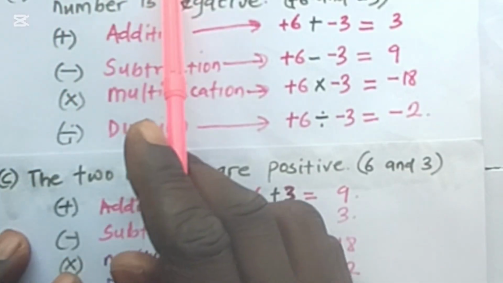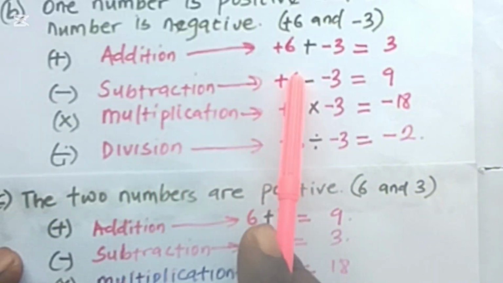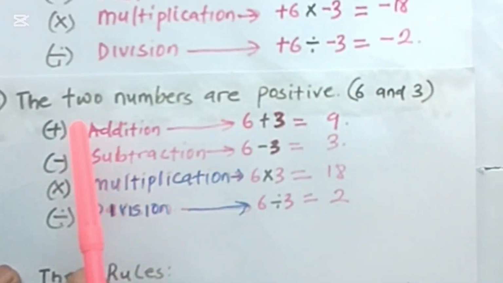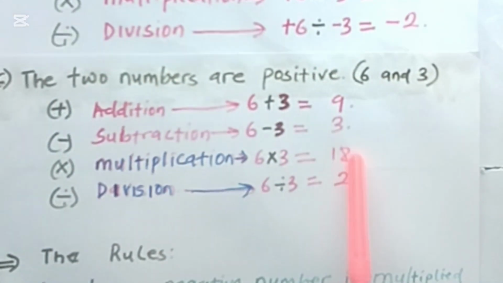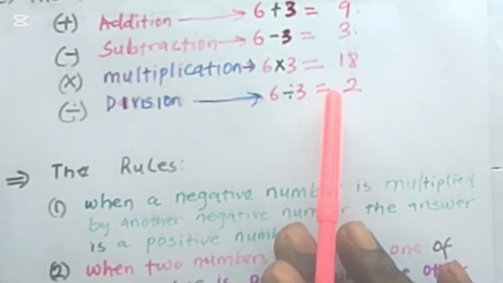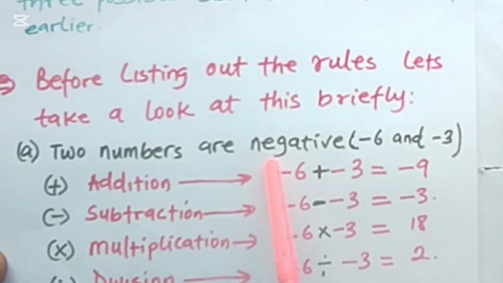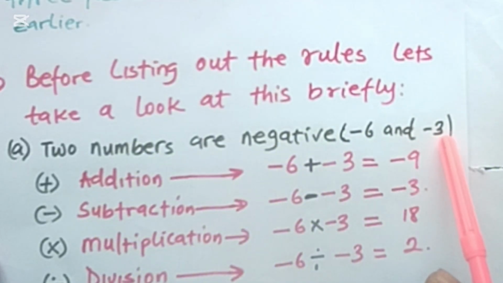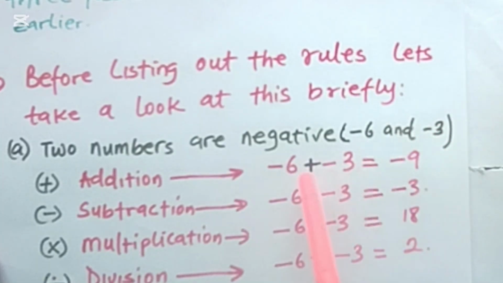So when we have one number that is positive and the other number that is negative, I also carried out the same process for each of the basic mathematical operations. Then finally, the third scenario where the two numbers are positive, I also did the same thing. It was after that I started listing out the rules. Now, before we go to the rules, when I brought out two numbers are negative, I used -6 and -3 to represent all situations where two numbers are negative.